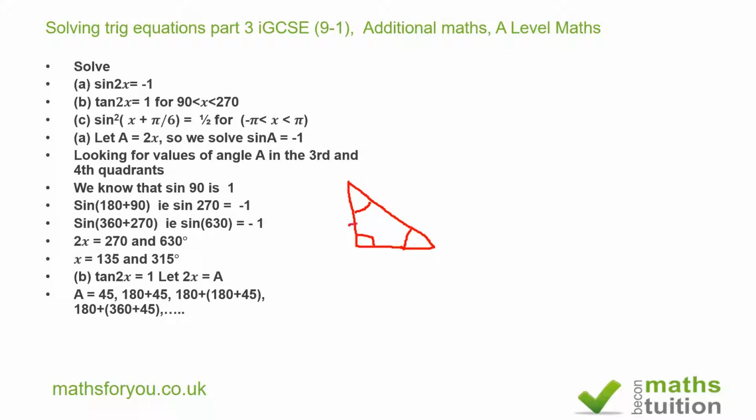Now if you divide that side by that side, you get a ratio of 1. So the tan of 45 would be 1.